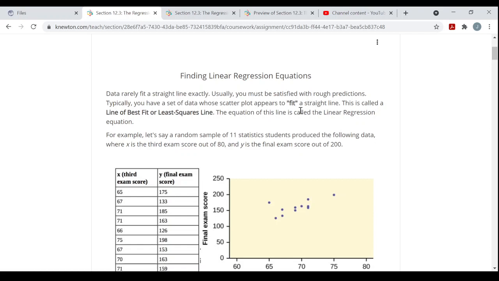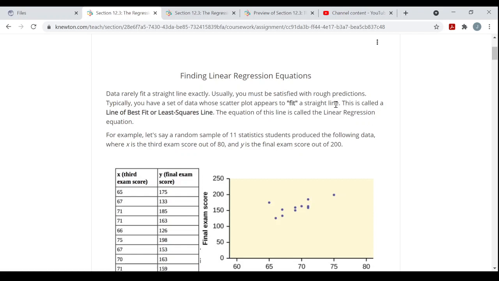Notice they put fit in quotation marks there. So like this data down here, they're definitely not on a perfect straight line, but it does look like I could fit them with a line with a positive slope. They seem to be tending upward as I move to the right. So I'd say that this data here has a positive linear relationship.